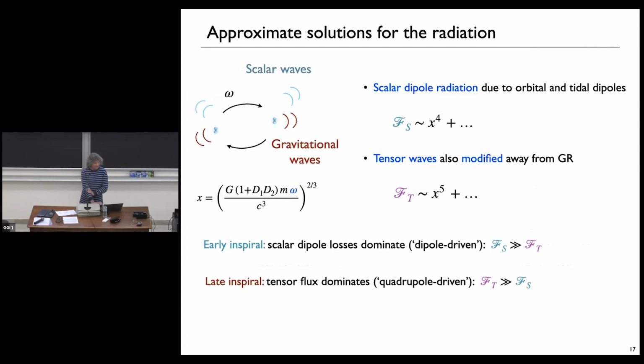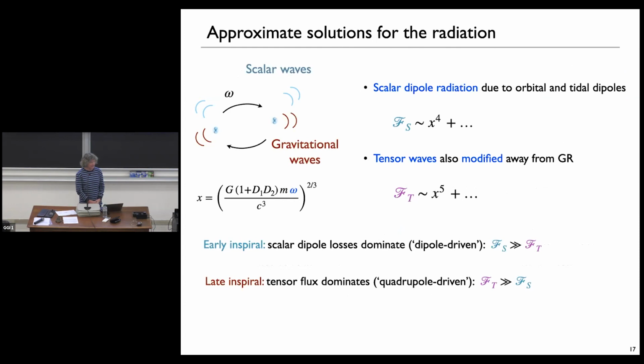Now, the next step is to compute the radiation. And there are also scalar waves produced by the fact that they are orbiting scalar monopoles from just the scalarized black holes, but then also these tidally induced dipole moments contribute directly to the scalar radiation. And there's also gravitational waves, of course.